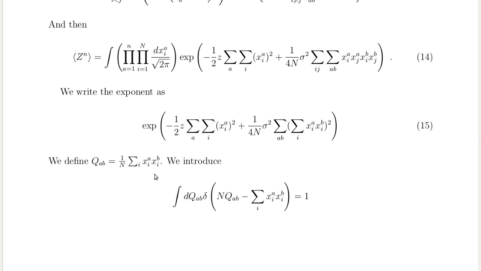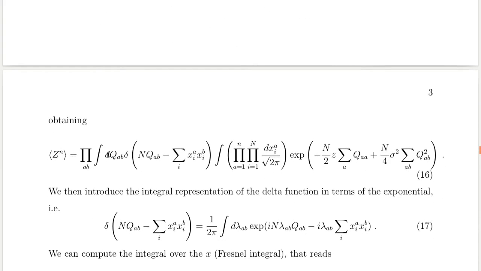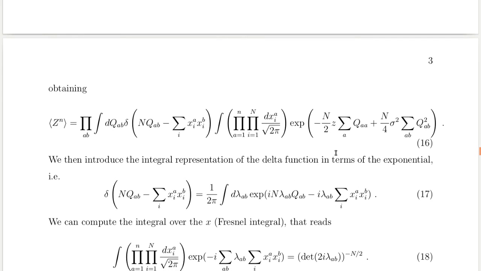So again, we can introduce in the integration a delta function, stating that we are rewriting this expression in terms of q, and we just plug the delta function here, and we obtain this expression.